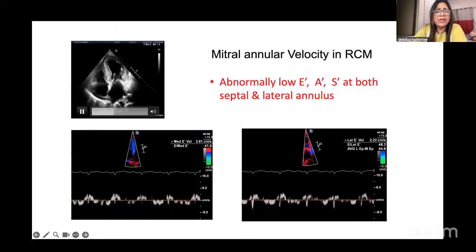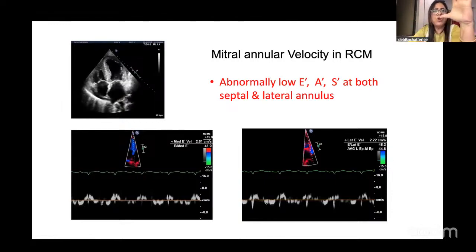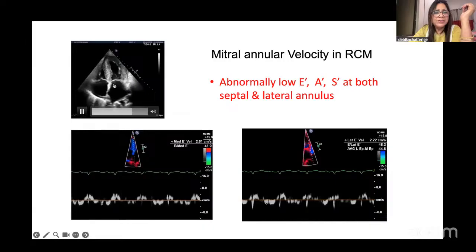In case of restrictive cardiomyopathy, if you do the diastolic flow velocity, you know, tall E and small A. But if you do the tissue Doppler velocity of the septal annulus as well as the lateral annulus, everywhere you will see very low E prime, A prime, S prime in both the septal annulus and the lateral annulus.